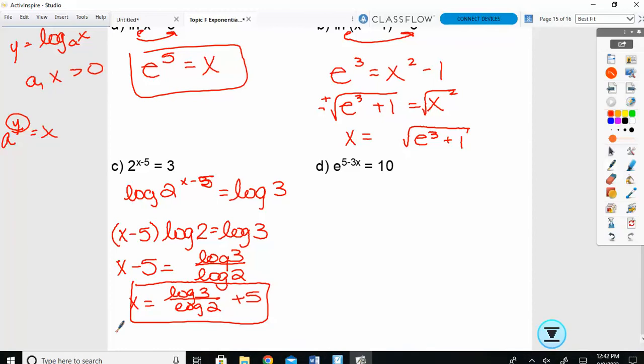Yes, you could get decimals on all of these, but I'm okay with just leaving it like that. Is that okay?